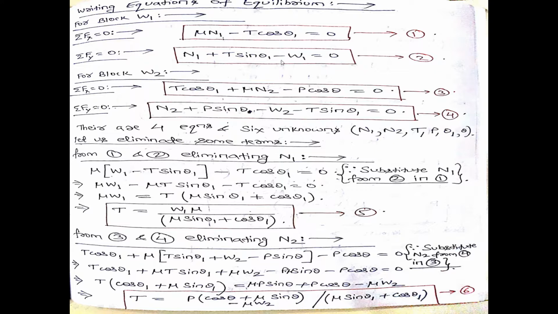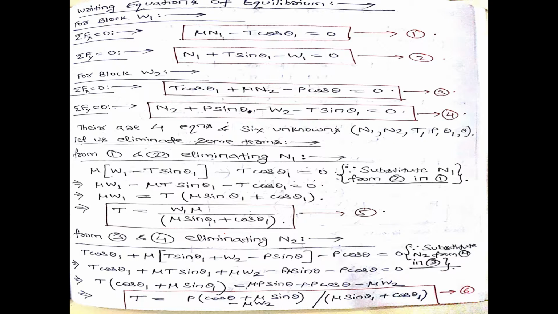Substituting this, mu into N1, where N1 is W1 minus T sine theta 1, minus T cos theta 1 equals 0. If you solve this expression, you will get equation number 5, that is tension T is equal to W1 mu divided by mu sine theta 1 plus cos theta 1. Is it clear till equation number 5? Any doubt?